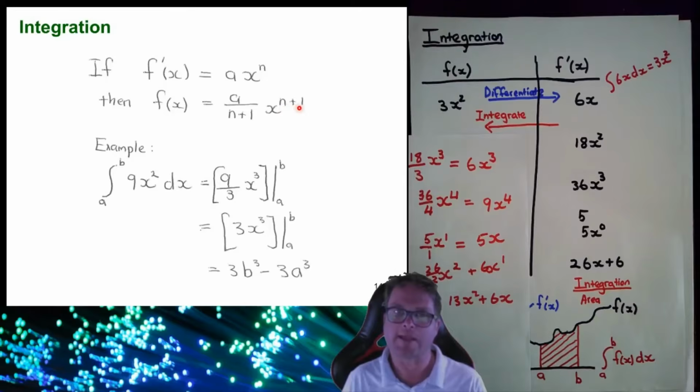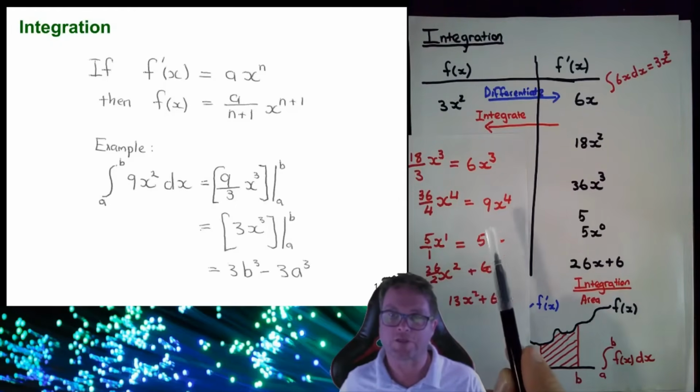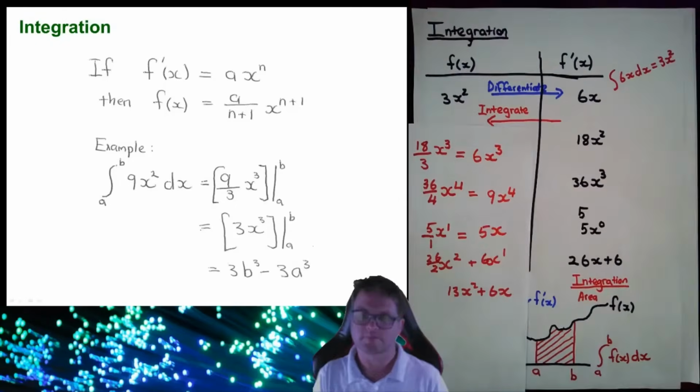So then we have x to the power of n plus 1, and the coefficient, we divide the a by the new power, so it's divided by n plus 1. So this statement here is just a general mathematical rule of writing out the recipe that we've been following to do our integration, to perform these steps.